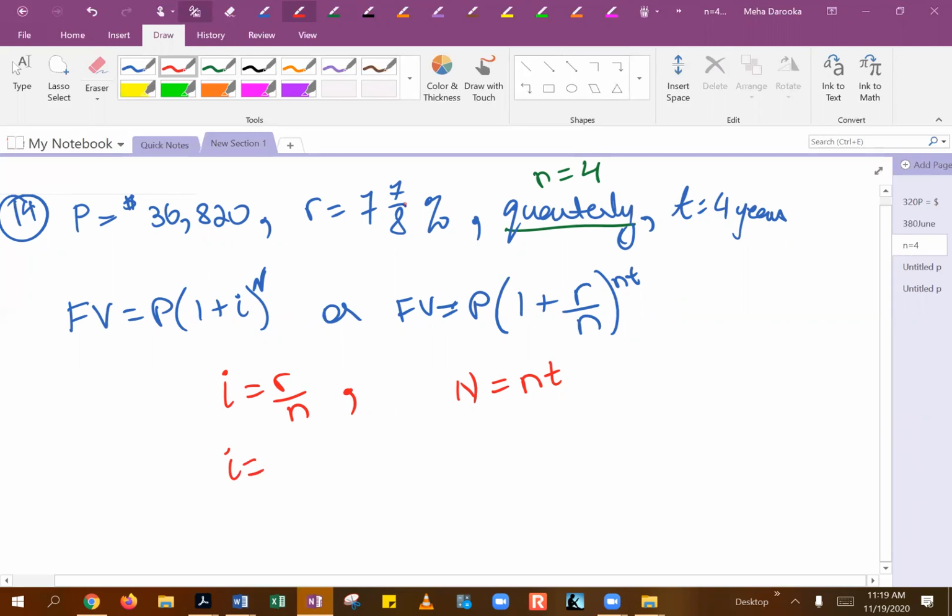So if we were to do this calculation for the i, you would take your rate of interest, which is 7 7/8%. Of course, we would need to convert that into decimals.